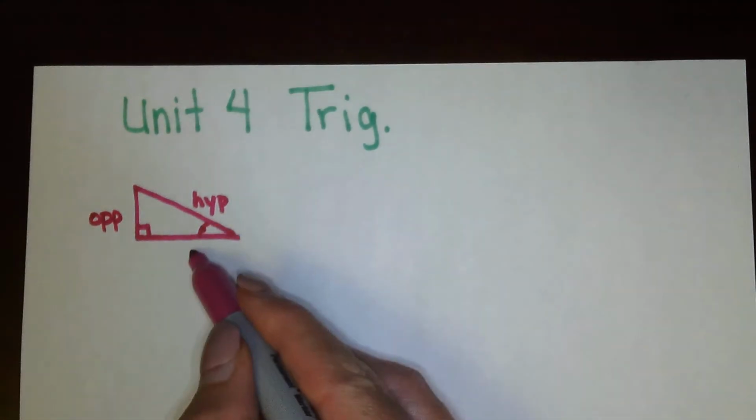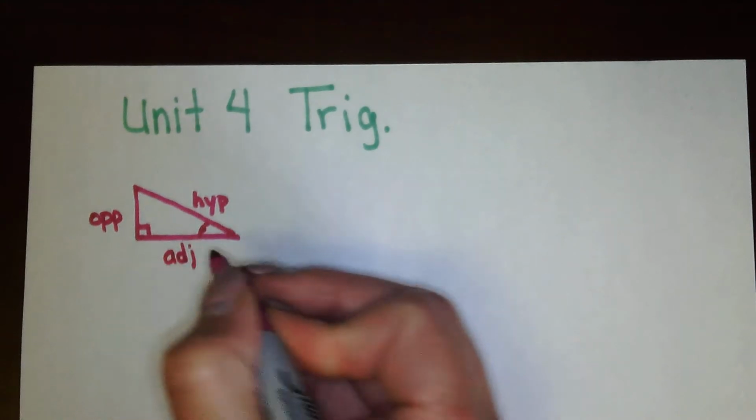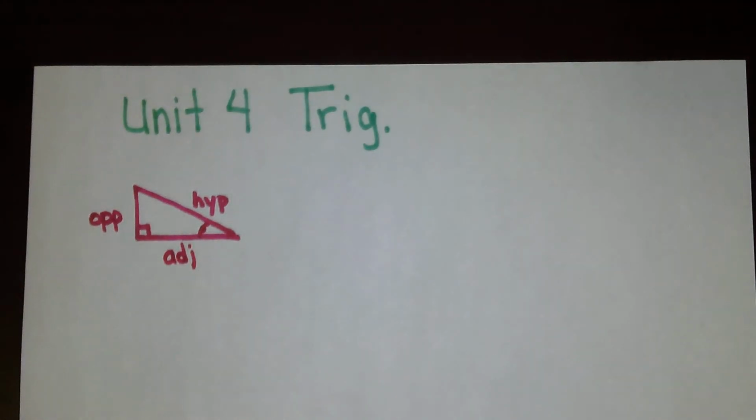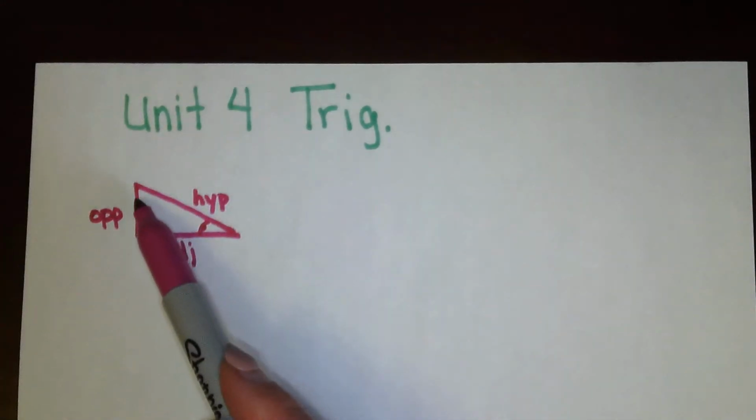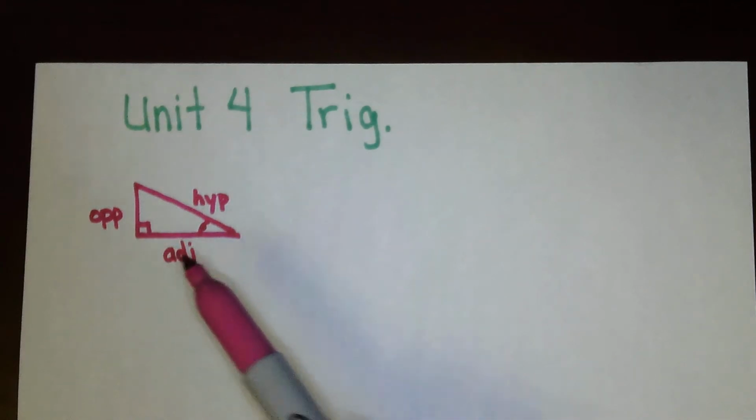And the side beside it is my adjacent. I use the word adjacent because when two people sit beside each other, they're adjacent to one another. So if I had moved my angle to the other angle there, then the opposite and the adjacent would switch.